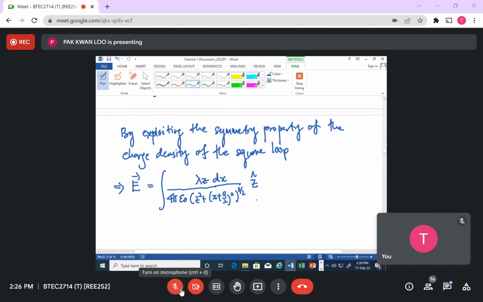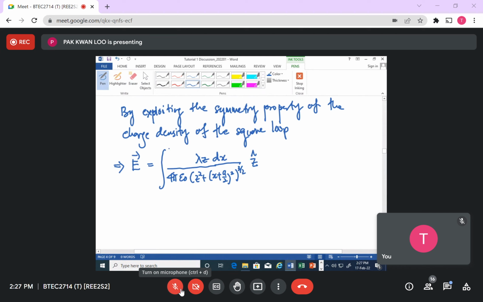So the formulation of the problem is now complete. This only leaves us the integration part. I have demonstrated to you before how we deal with this.